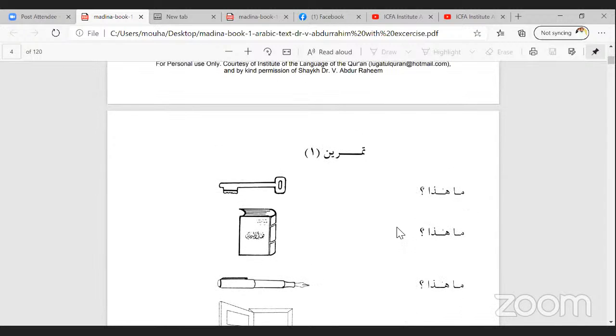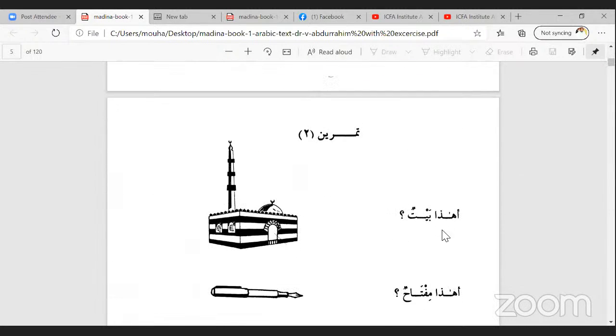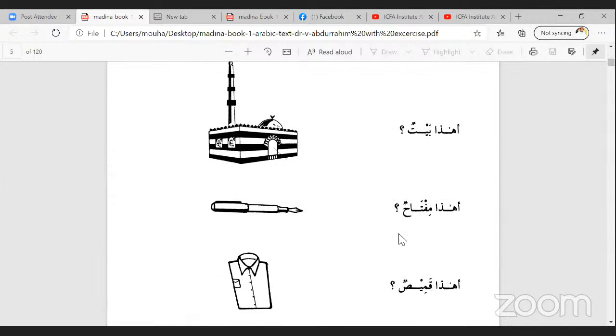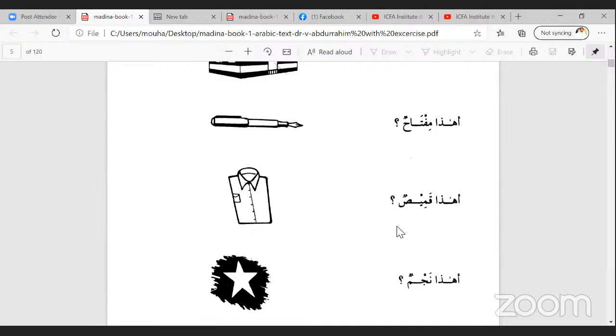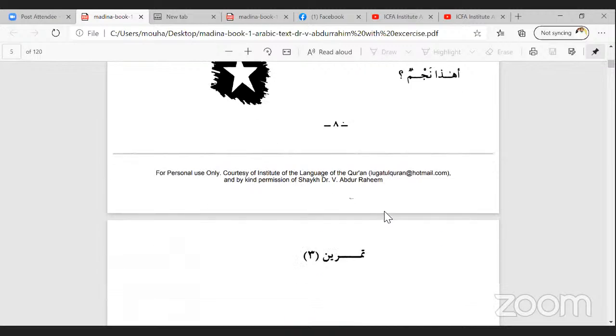Tamrin means exercise. Exercise 1. Then we have exercise 2. Ahadha baytun. Then you answer. Ahadha miftahun. Then you answer. Ahadha qamisun. Then you answer. Ahadha najmun. You write your answer.